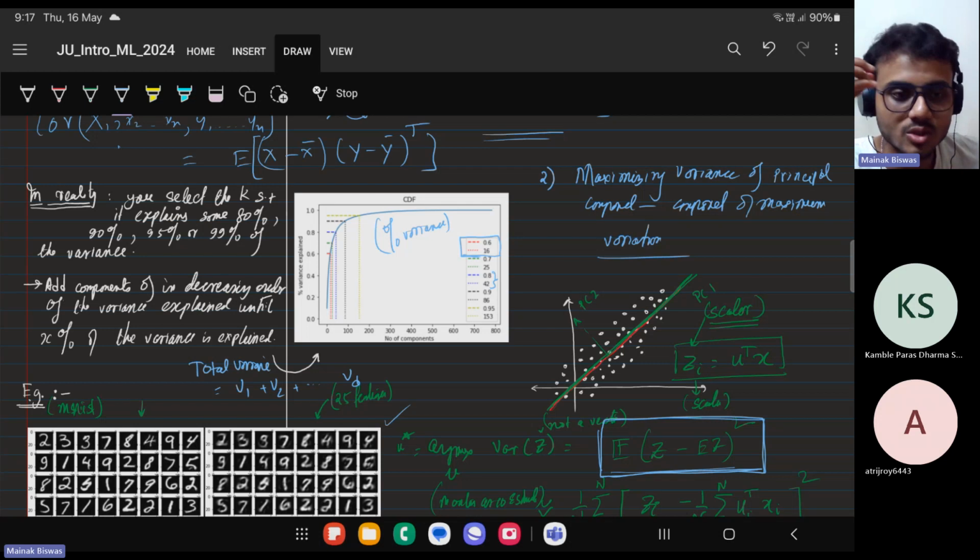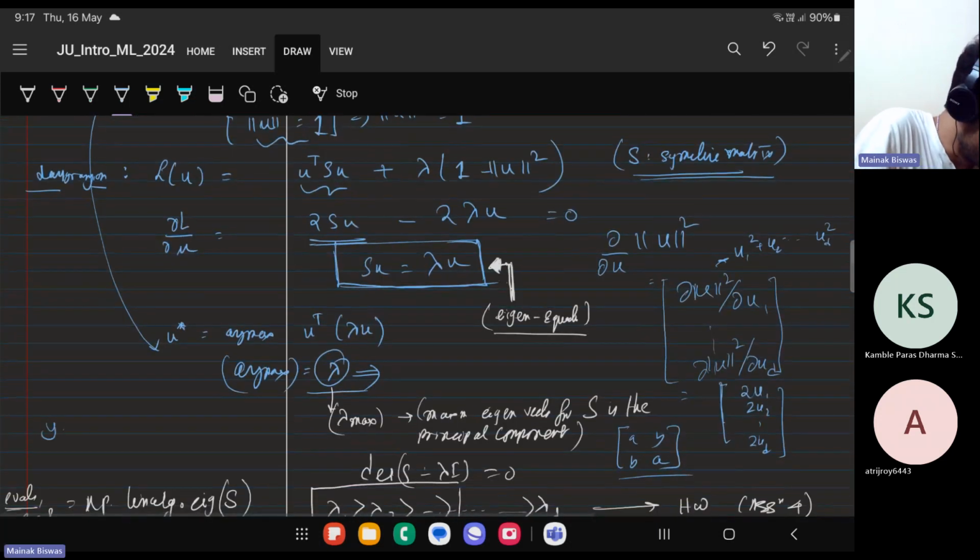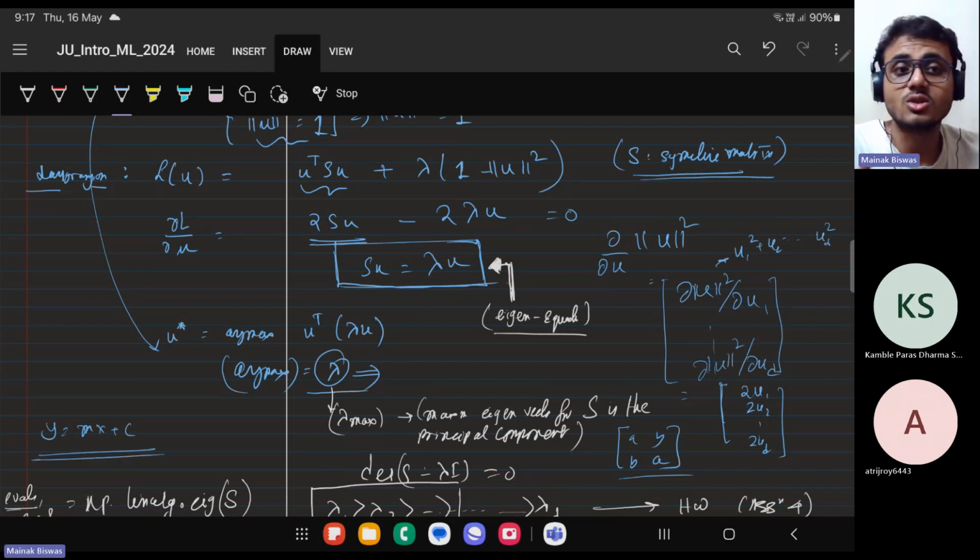I told you a little bit of noise will also be there, right? Just by writing somewhere you can have some extra dots. That is noise. So for example, y equal to mx plus c. Here all the features are being compressed. You are not leaving out any features, right?